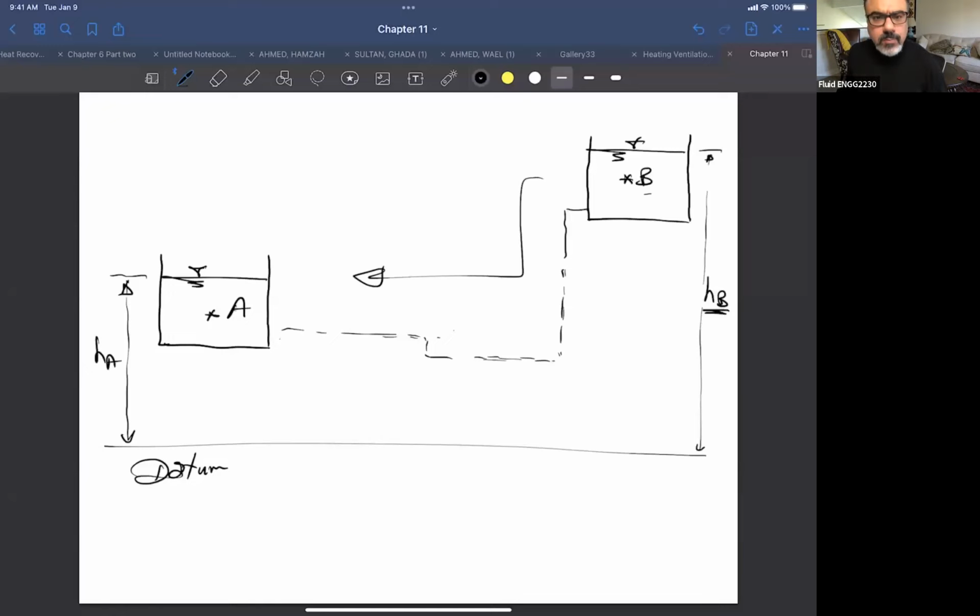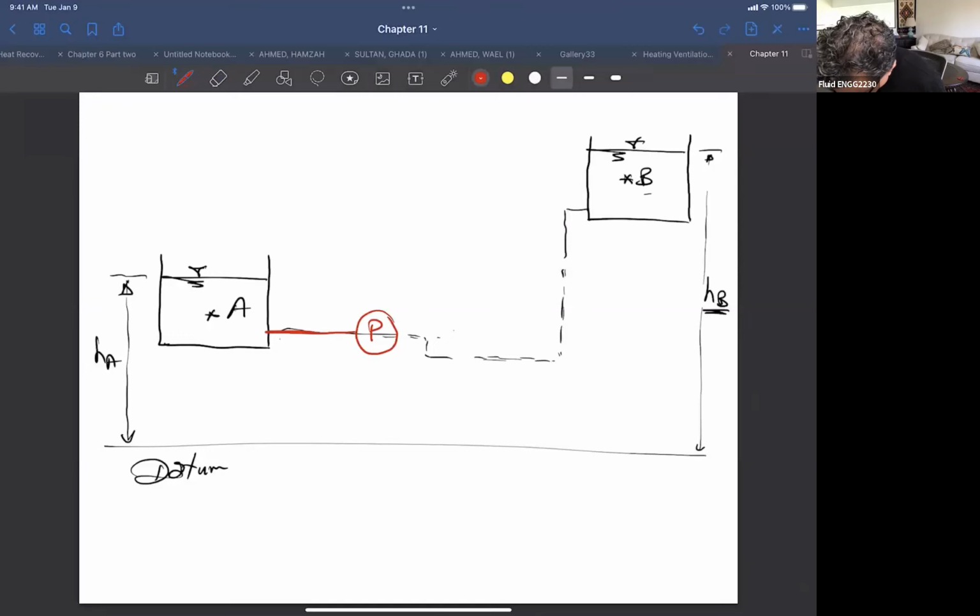In order to move the fluid from A to B, I need a device that is adding energy to the fluid to make it move from point A to point B, right? So let me put a pump here.